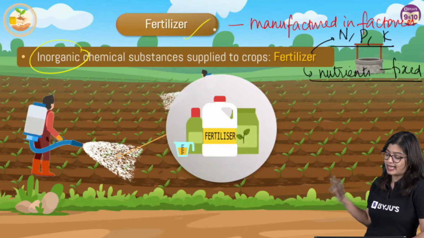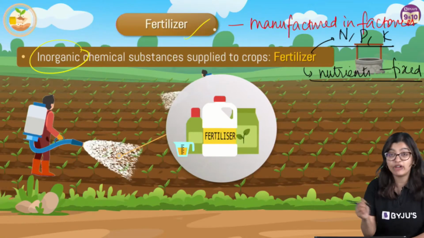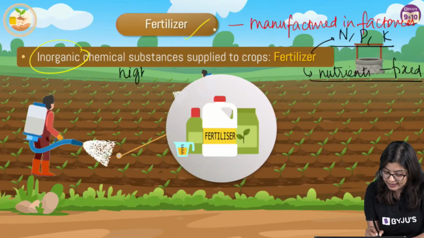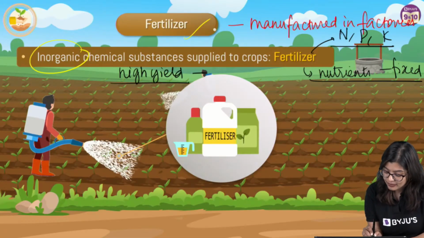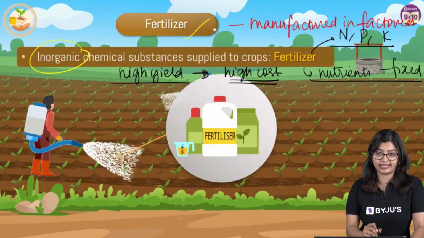Because they have a fixed amount of nutrients, they will give you high yield. But like I said, it is for farmers who can bear the cost. So it is a high costing farming technique.